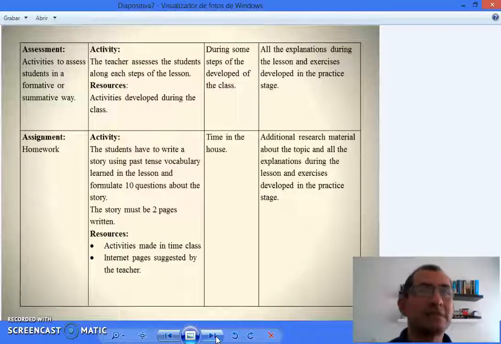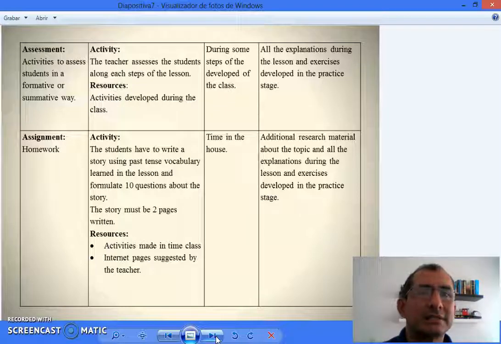The students do the activities and the teacher sees how they do them and how they understand the topics. The time is during some steps of the development of the class, between the first step and the last. The source is all the explanation during the lesson and the exercises developed in the practice stage. That means all that the student has studied across the lesson.